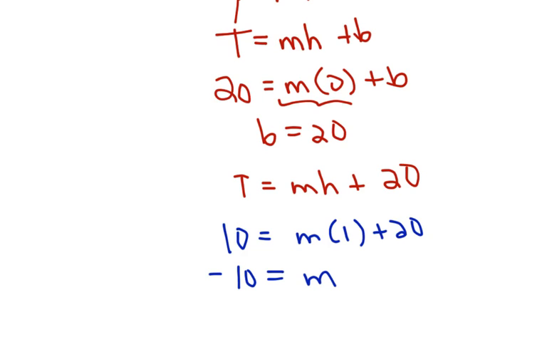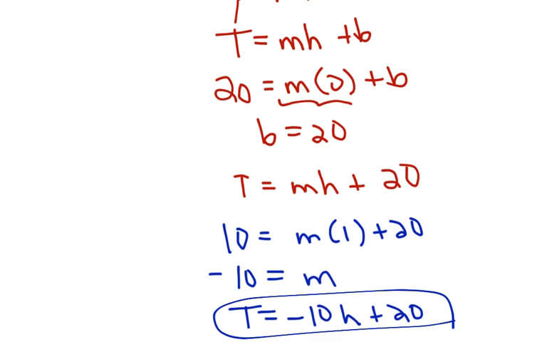So this makes sense because the higher you get, the temperature is falling because the air is expanding and cooling. So T is equal to negative 10h plus 20 is the equation that represents the relationship between the temperature and the height.